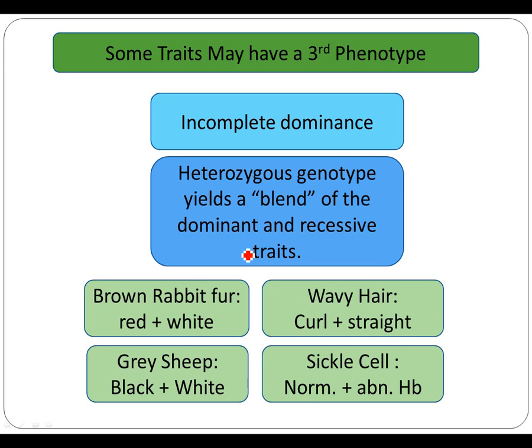So some of their hemoglobins are good and some are not good. It causes the whole cell to change completely. Wavy hair: a combination of parents who have curly hair and straight hair, so it's a blend. It's not full curly, not full straight.